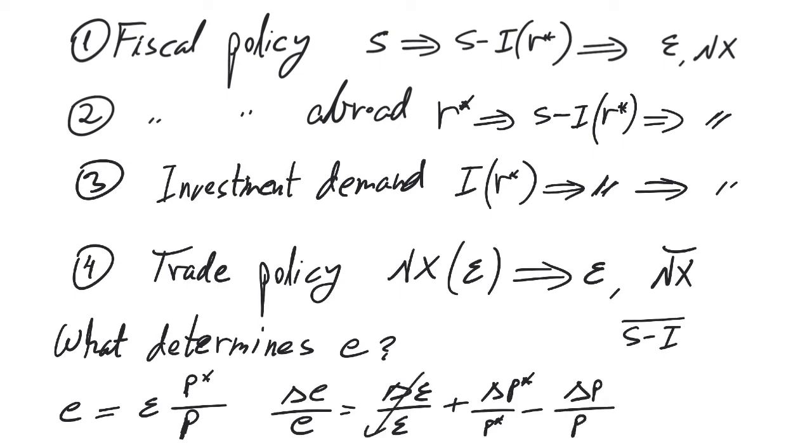Now let's assume that we don't have any changes in the real interest rate, so this will basically become the difference between the inflation abroad and the inflation at home. So the nominal interest rate will fluctuate based on the difference between the inflation rates in both countries. So this sums up chapter 6.